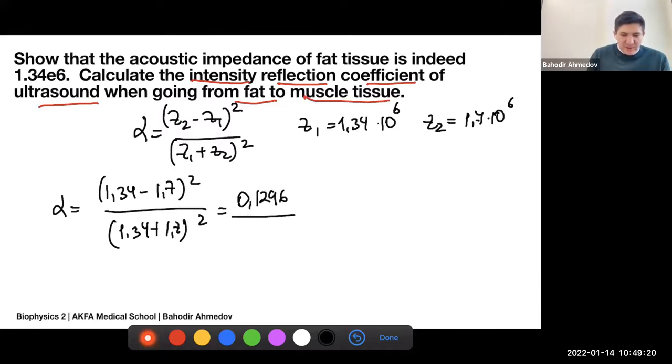0.1296 divided by (1.34 plus 1.7) squared, which is 9.2416. I'm just going to take its reciprocal and multiply this by 0.1296. It's going to be 0.014.